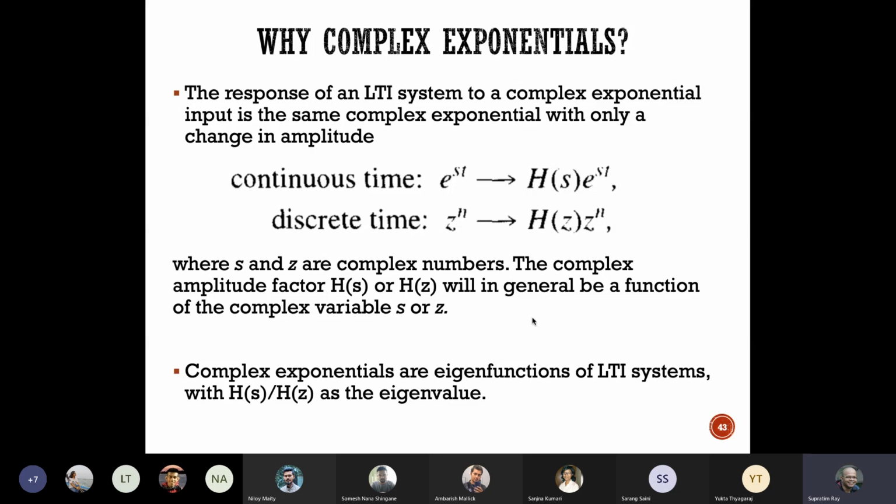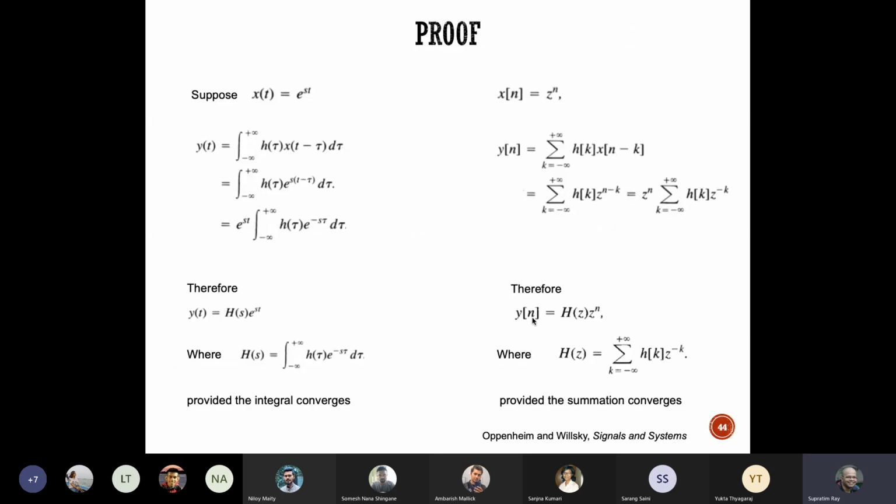Okay, so let's look at the proof here. The proof is actually very straightforward. Suppose my signal is e to the power st and I want to look at the output. So I'll just say that it's an LTI system. So the output is just the impulse response function convolved with xt. So this is the formula in the continuous domain.